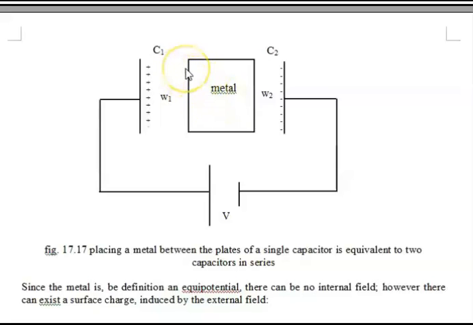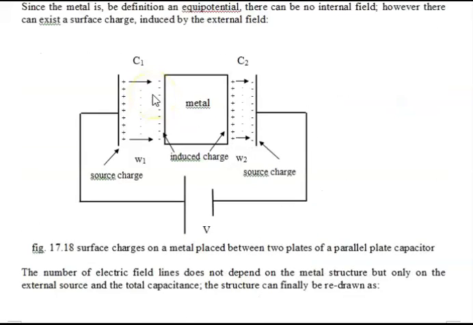However, there are surface charge densities. In the left region, it would be negative, and in the right region, surface density would be positive. Okay, so that is indicated in this diagram here. So these are induced surface charges at the two ends of this equipotential field-free region. And so it's an equipotential, and we take it away.